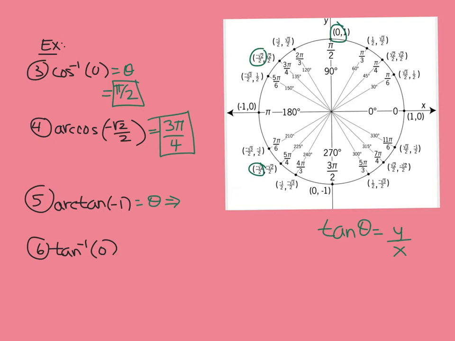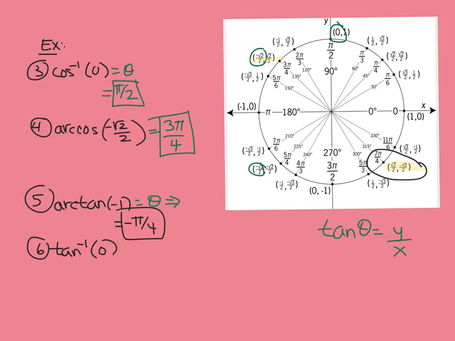It's going to happen when your x and y values are the same value but opposite signs, so that happens right here. At 5 pi over 4, that doesn't happen. That gives me a positive 1. It happens at 7 pi over 4 also. So actually, those are the only two values. Now, remember, tangent has the same domain as sine for when you have inverse tangent. So we're going to have our theta value between negative pi over 2 and positive pi over 2. So this value right here is going to be what we want. However, we're going to write it as negative pi over 4.